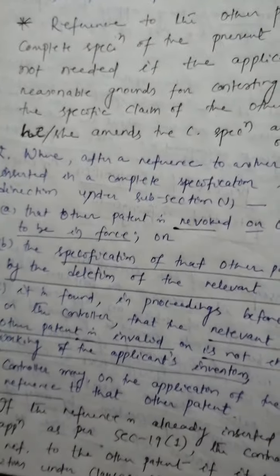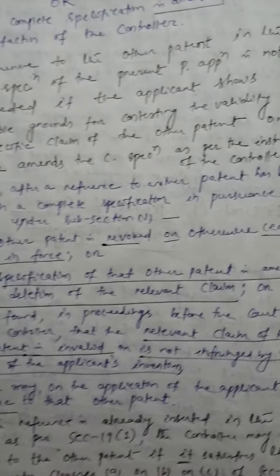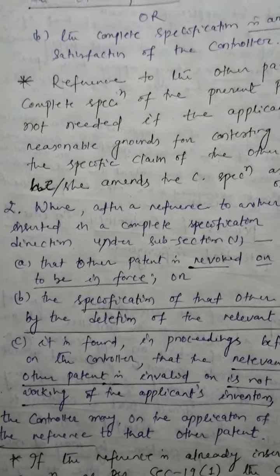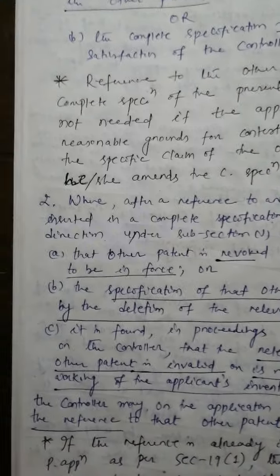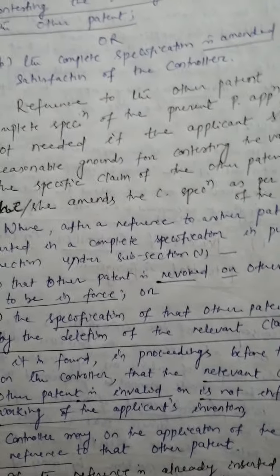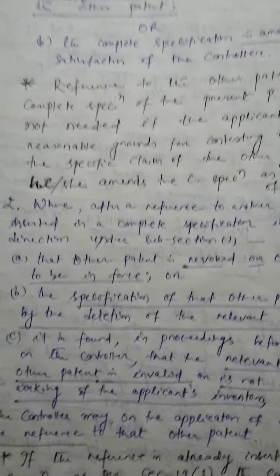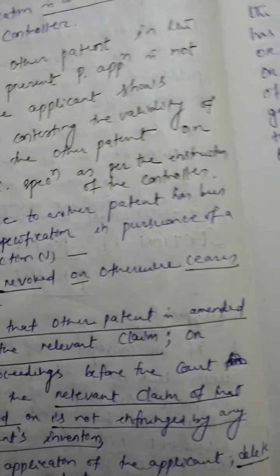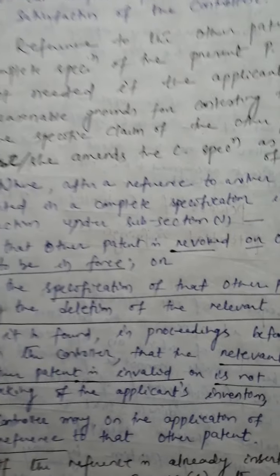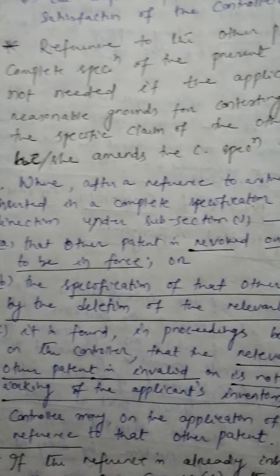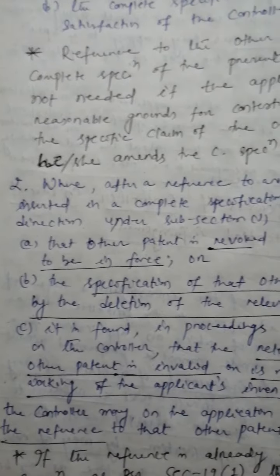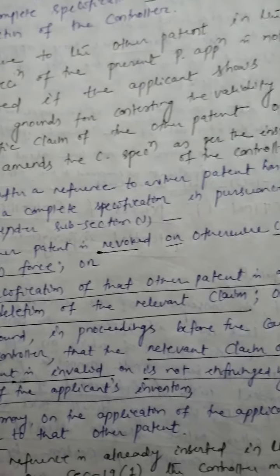Now I will go to subsection 2, where after a reference to another patent has been inserted in a complete specification in pursuance of a direction under subsection 1 of this section, clause A says that other patent is revoked or otherwise ceases to be in force, or clause B, the specification of that other patent is amended by the deletion of the relevant claim, or clause C says it is found in proceedings before the court or the controller that the relevant claim of that other patent is invalid or is not infringed by any working of the applicant's invention.